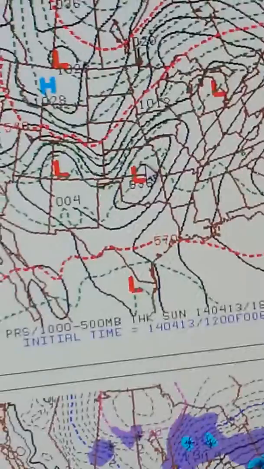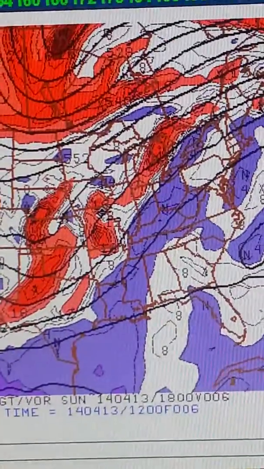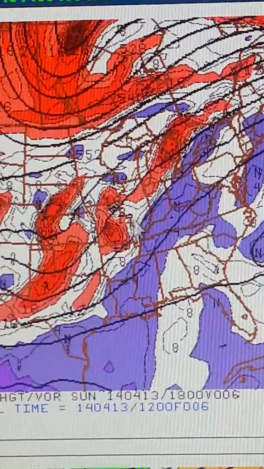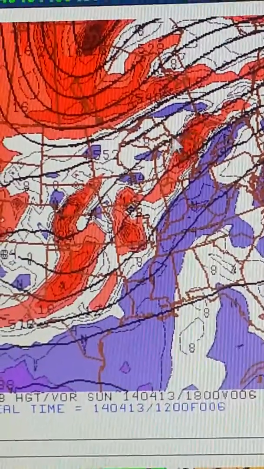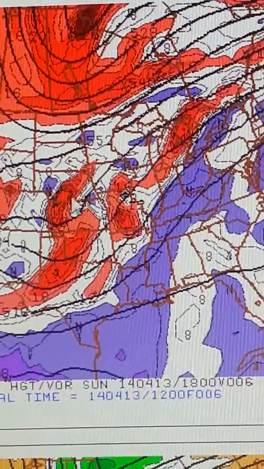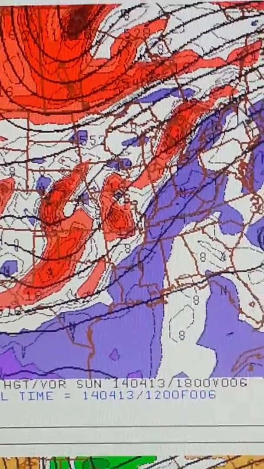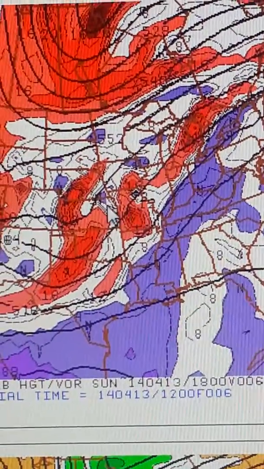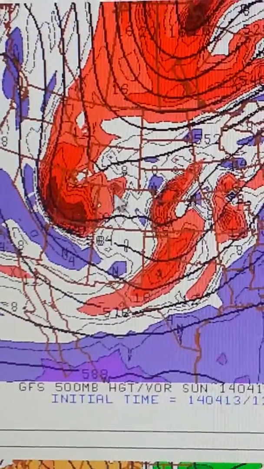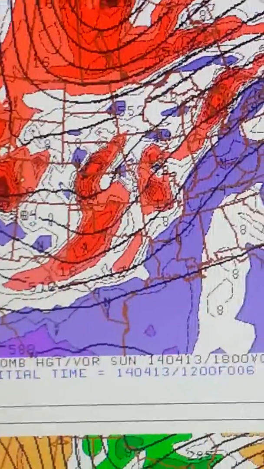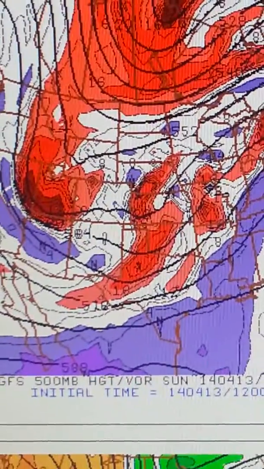One low pressure up here, one down here. So one associated with this wave, and then one associated with this wave. This is basically your cold front here. The low pressure will shift to the northeast, and the cold front will shift to the east. And then behind the cold front, this trough will also shift to the east. So here we go. This is tonight.